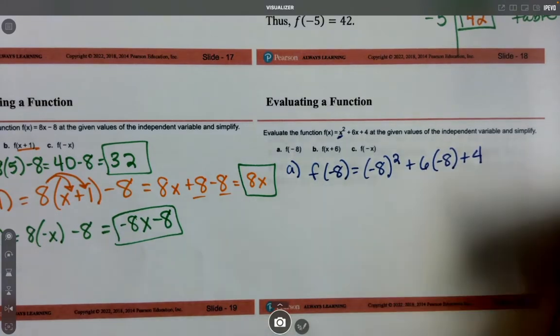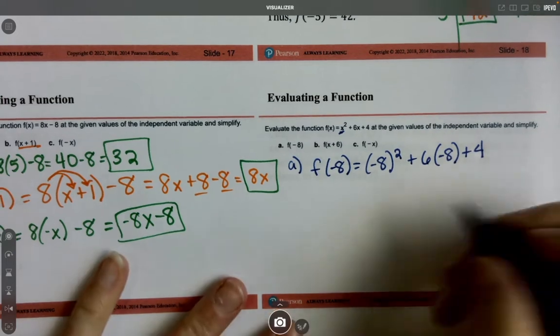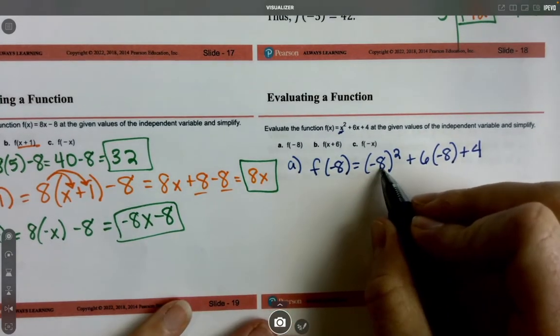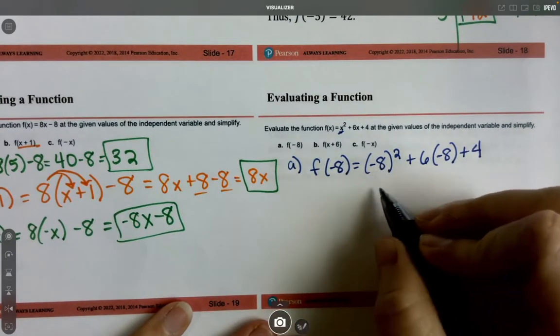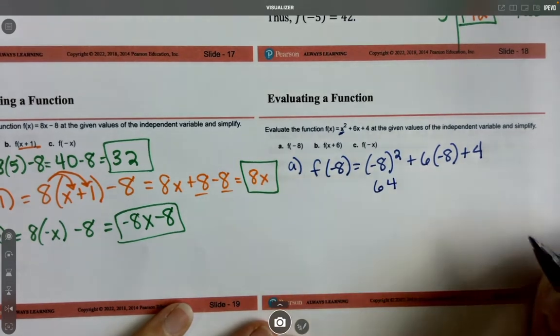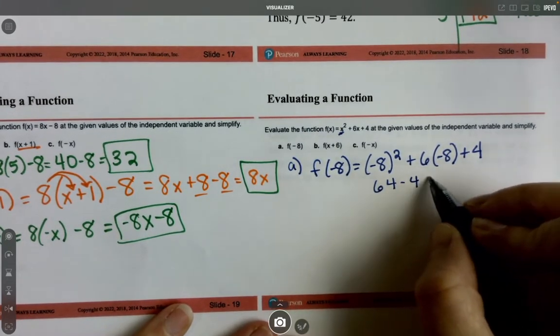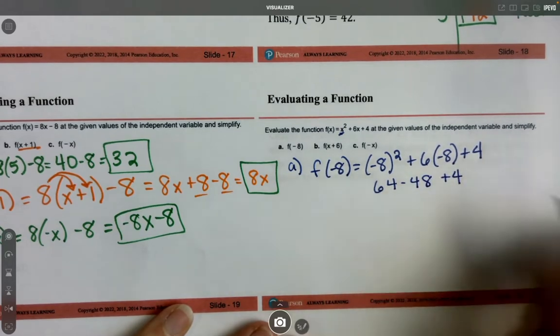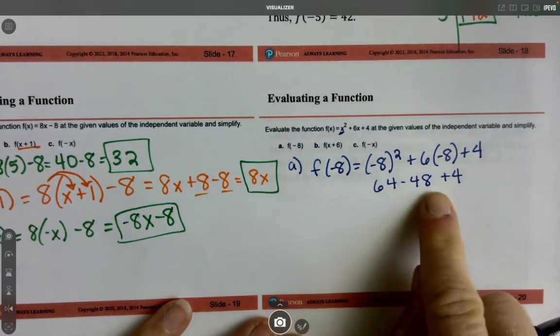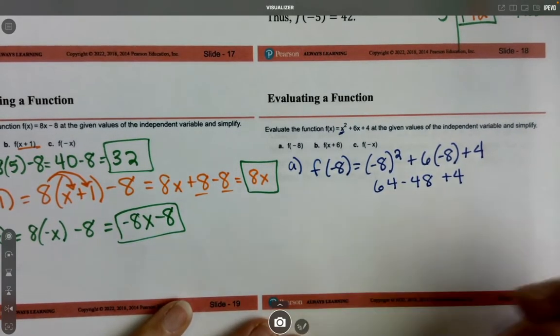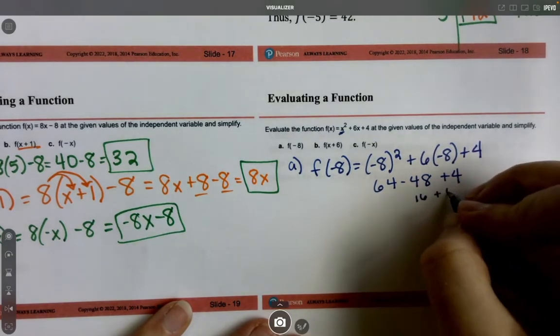We could substitute into the calculator. So I'm going to do it by hand. Negative 8 squared is negative 8 times negative 8, which is 64. 6 times a negative 8 is negative 48, plus 4. That would be 16 plus 4 is 20.